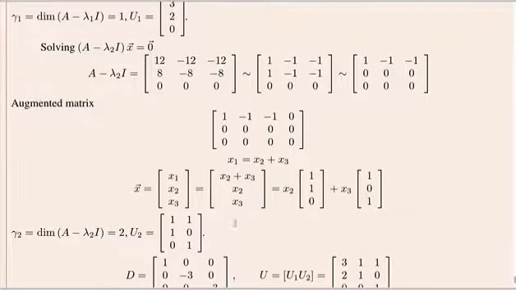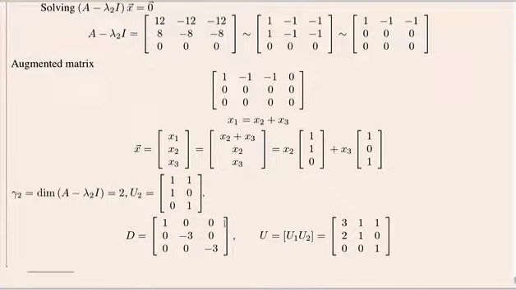So now gamma 2, the geometric multiplicity of the eigenvalue lambda 2 equals minus 3, is 2, because we have two independent eigenvectors that form a basis for the null space, and that means that the second U matrix is just the two vectors put together into a 3 by 2 matrix.